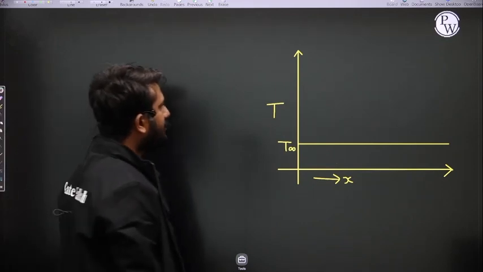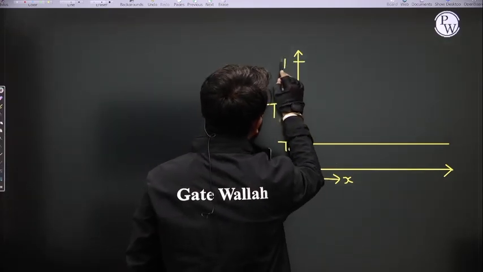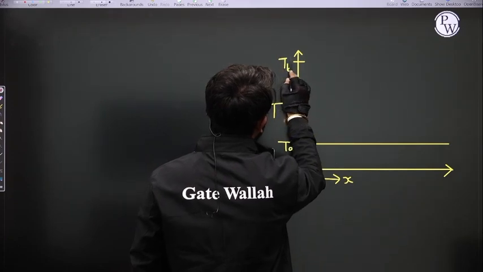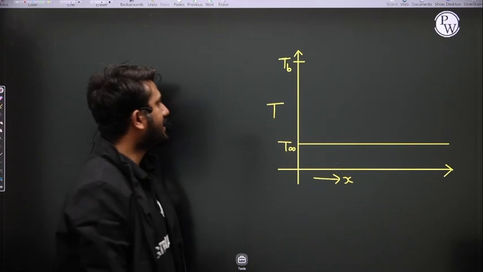And at x is equal to 0, what is the temperature? At x is equal to 0, the temperature is equal to the base temperature.